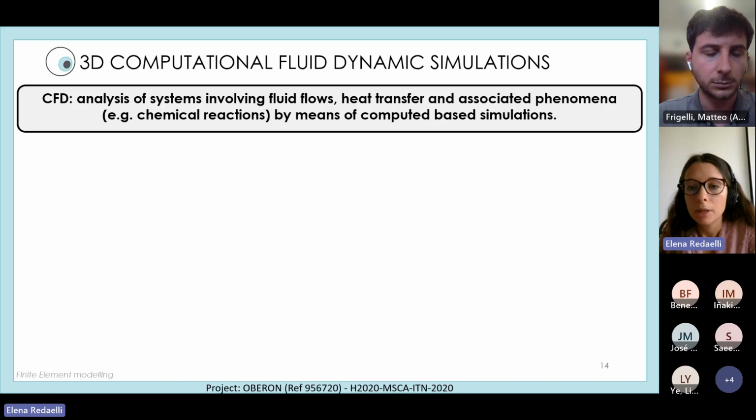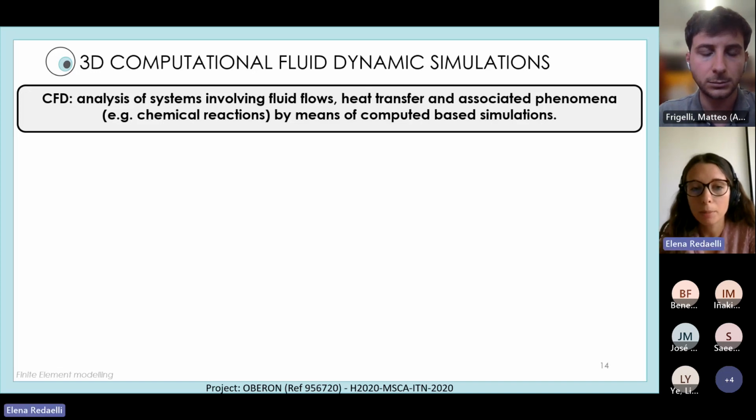And this technique employs mathematical equations to solve the governing equations of the fluid. In particular, they solve equations of conservation of mass, conservation of momentum, and conservation of energy.